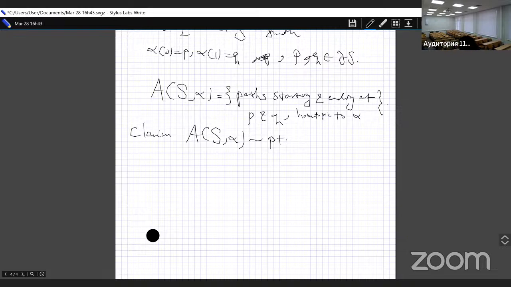So we want to consider the space of all paths, and by assuming this, we'll have a break, after looking at this fibration.